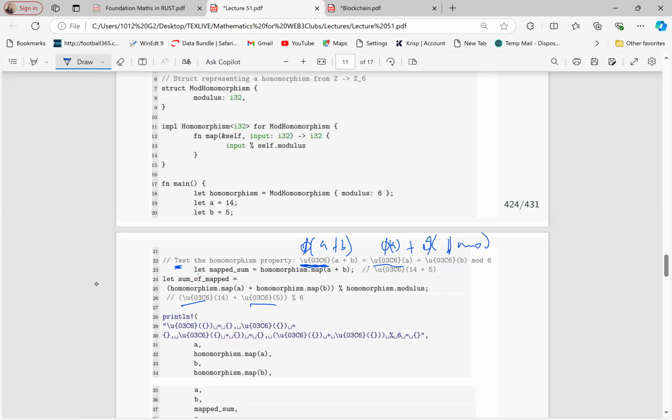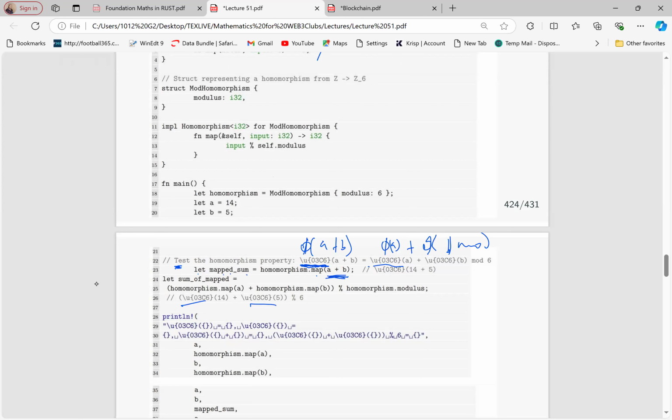Let mapped sum be homomorphism map. So that means you are mapping this sum, where A and B have been defined. A has been defined as 14, and B has been defined as 5 from above.